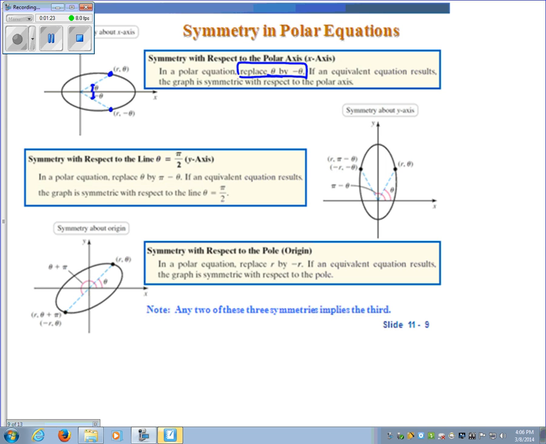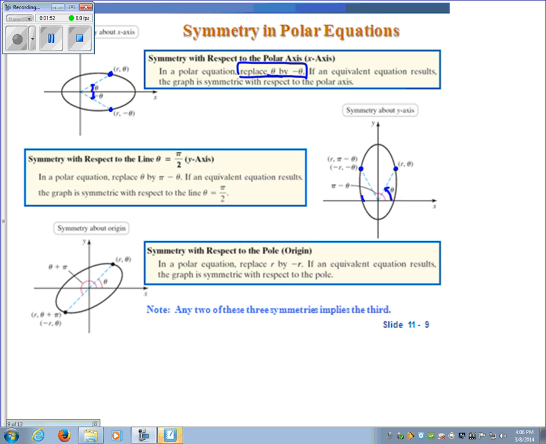Okay, now looking at the line theta equals pi over 2, which is our y-axis. If you have an angle theta here, which corresponds to the point (r, theta), we're trying to determine if there's symmetry. That means this point here should also be on the graph. So what would the representation of that point be? Well, you have to look at the angle theta and where the reference angle would be theta in quadrant 2.